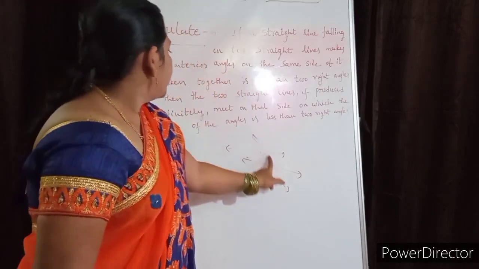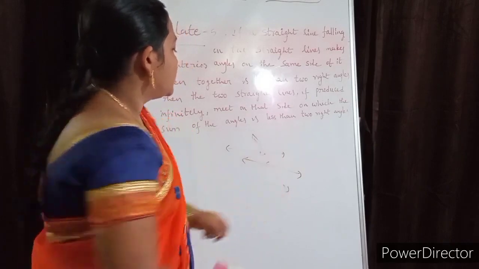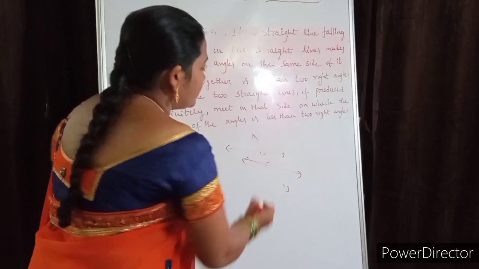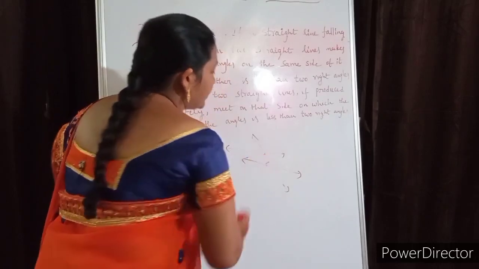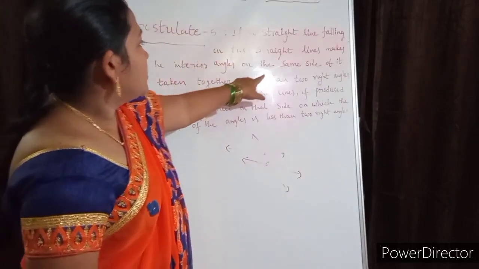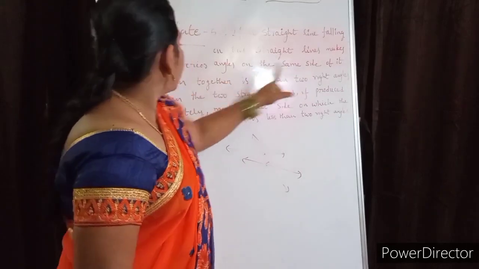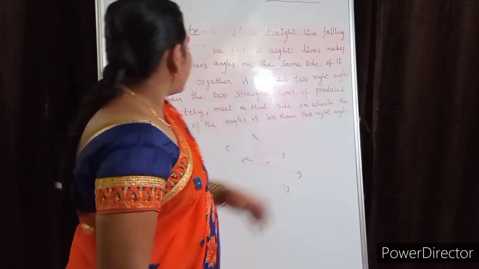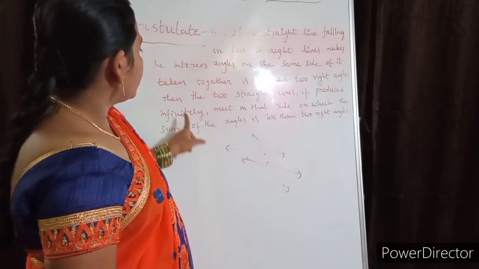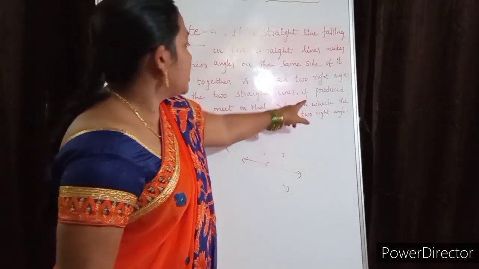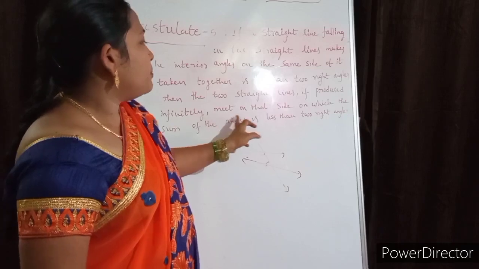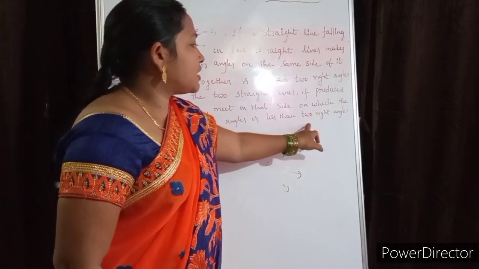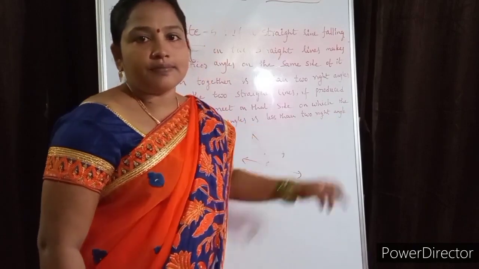This is the transversal line. These are interior angles on the same side of it.